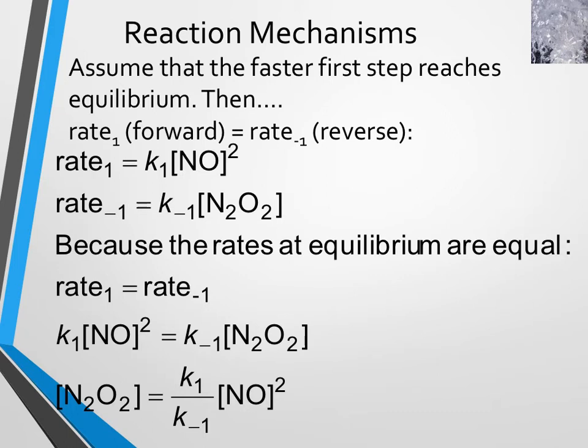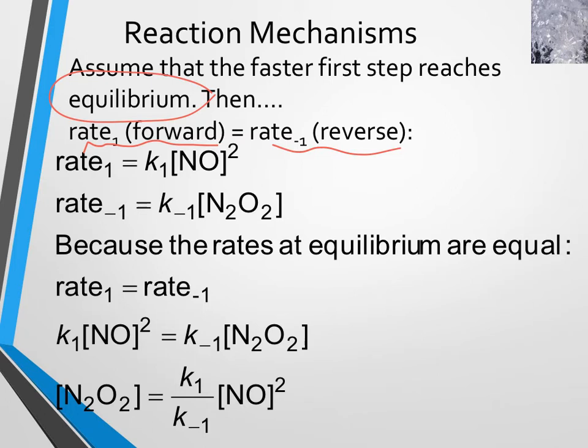If the second step is rate determining, that means the first step is fast. If the first step is fast, that means it reaches equilibrium quickly. What the heck is equilibrium? We're going to talk about it toward the end of the semester, but it is important at this point to understand that equilibrium means the rate of the forward reaction equals the rate of the reverse reaction.